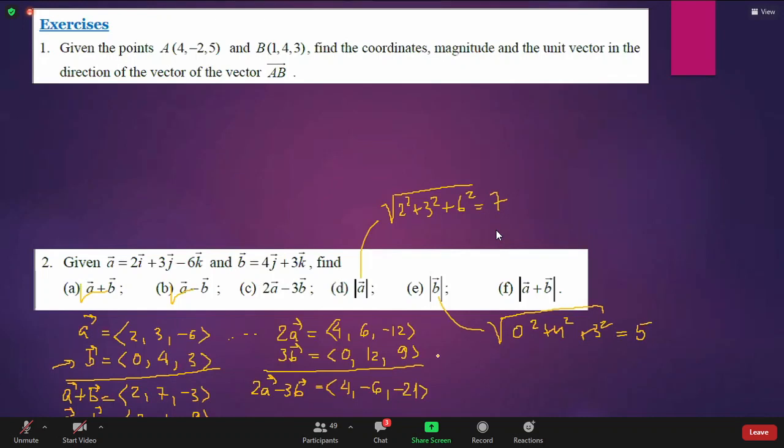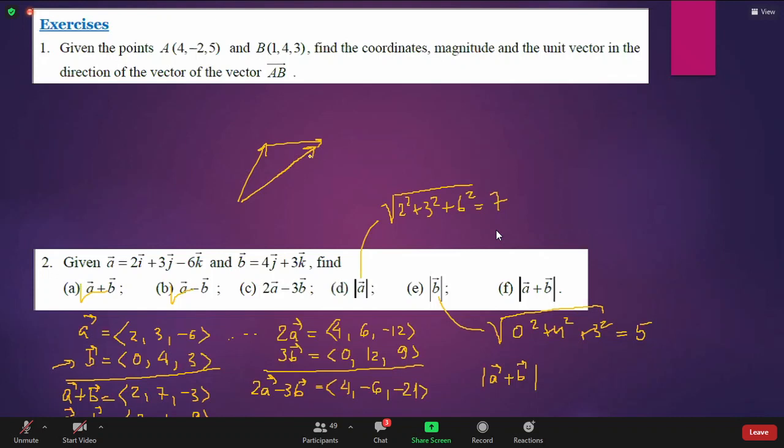We can compute it. And the magnitude of vector A plus B is, no, it is not 12. You cannot add the two magnitudes. Because remember, if you have two vectors, the length of the sum could be less than the sum of the two lengths.